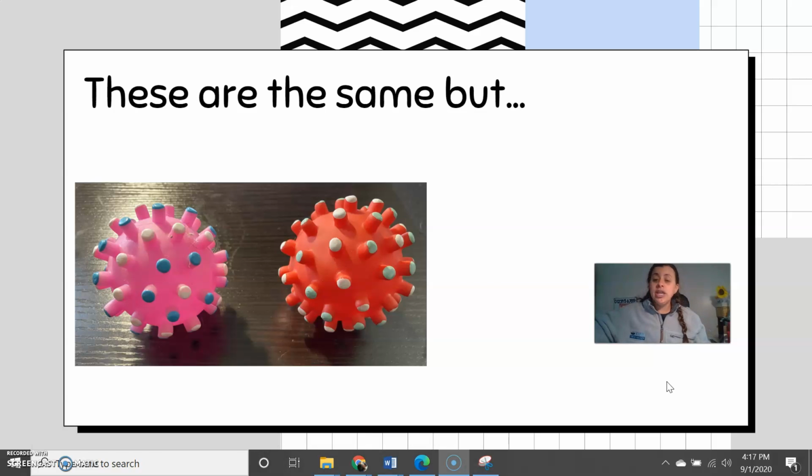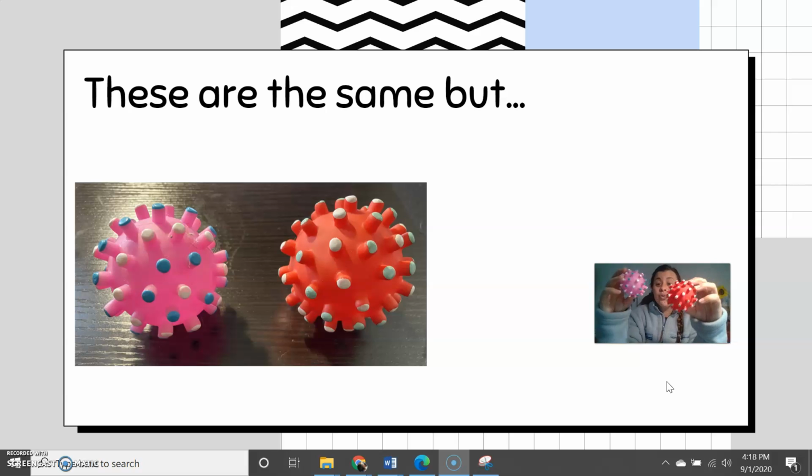On your screen, you're looking at two rubber balls. These are my dog's toys. They both squeak. I want you to take a moment while your teacher pauses the video and think about, how are these the same? Your class is going to talk about how these are the same.